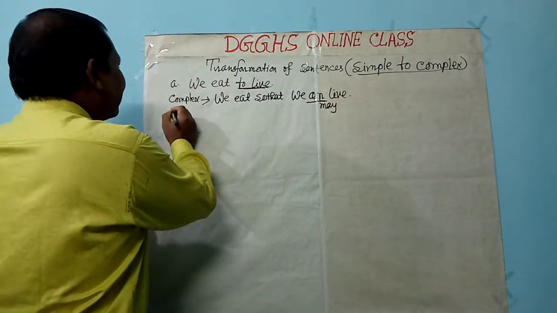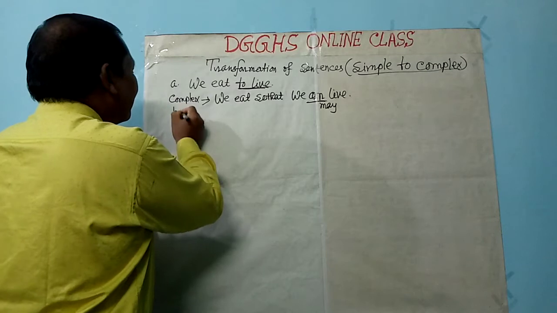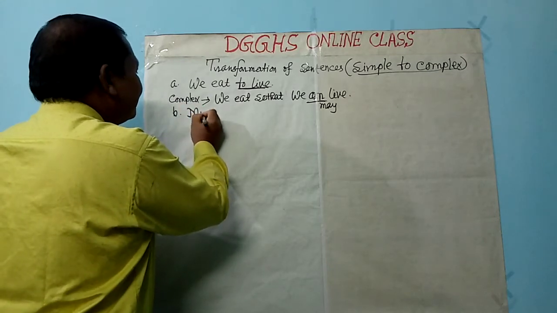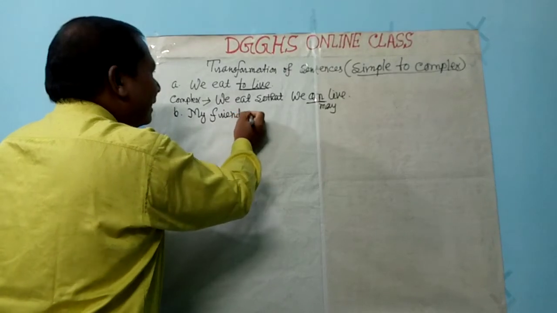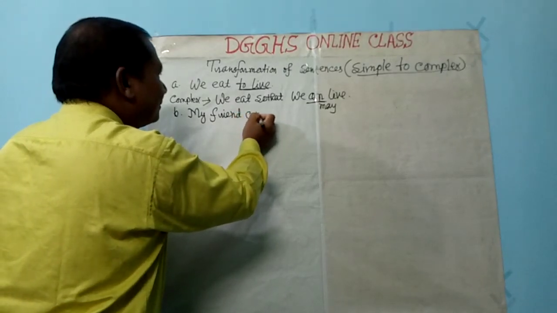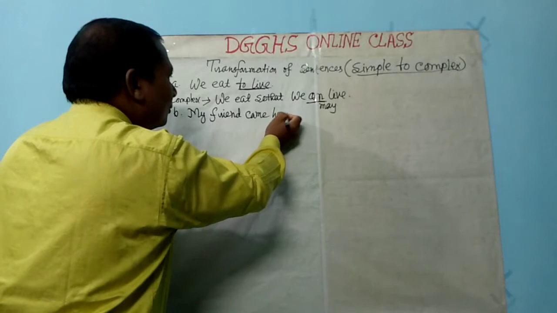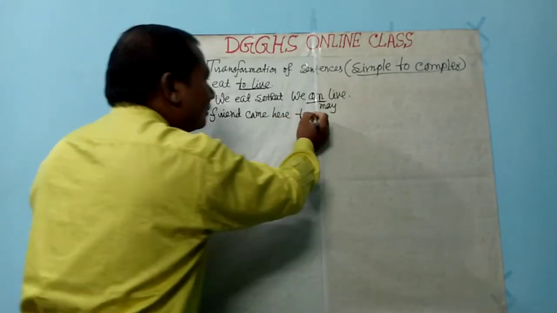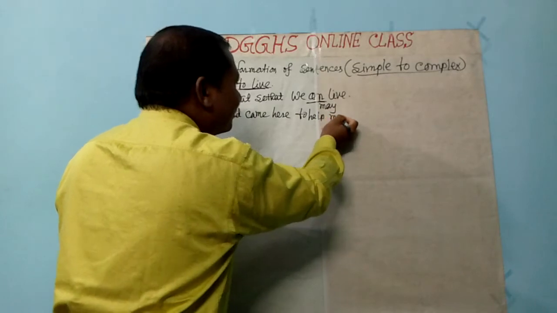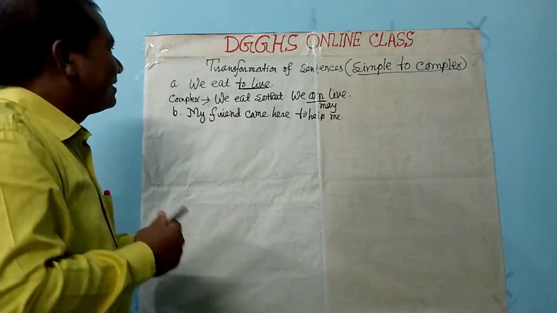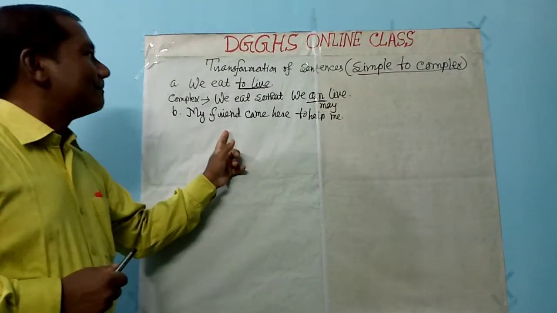You see here another sentence: my friend came here to help me. What is the difference between the two sentences?